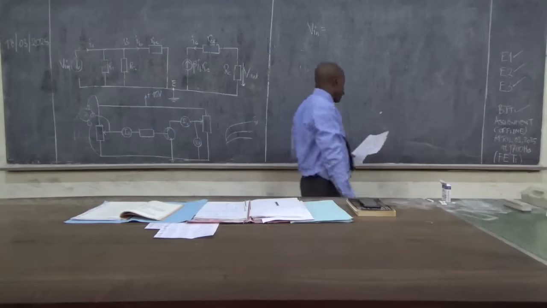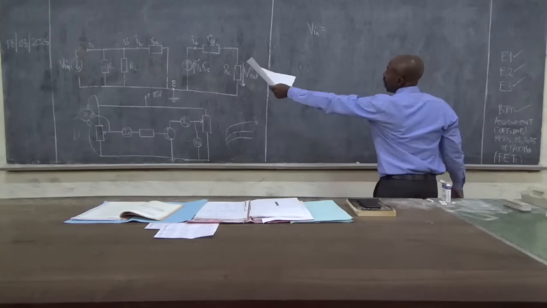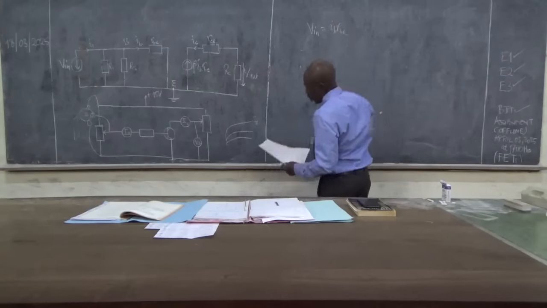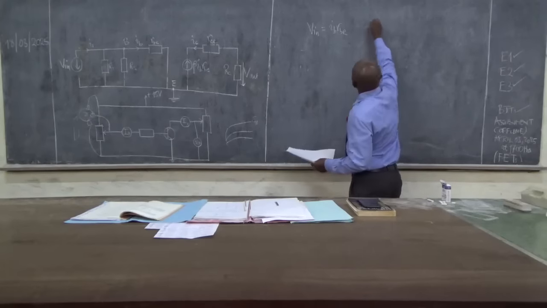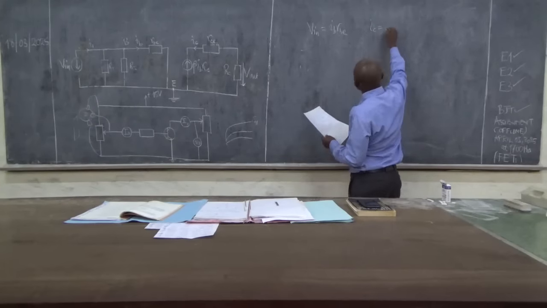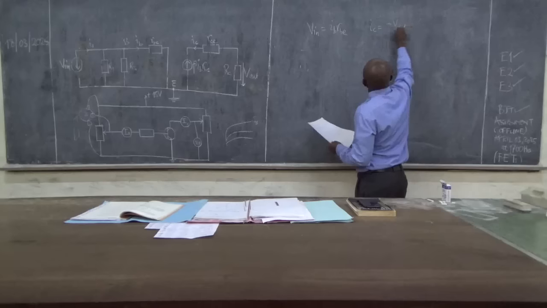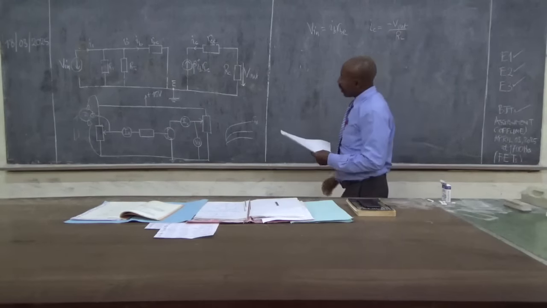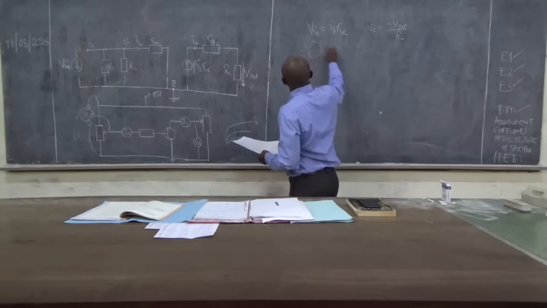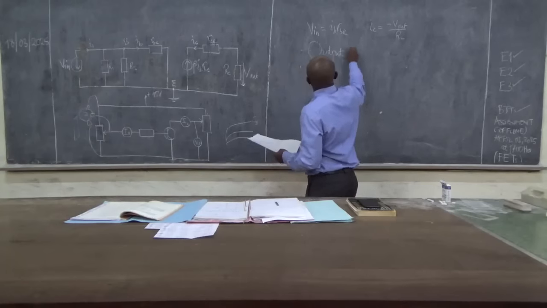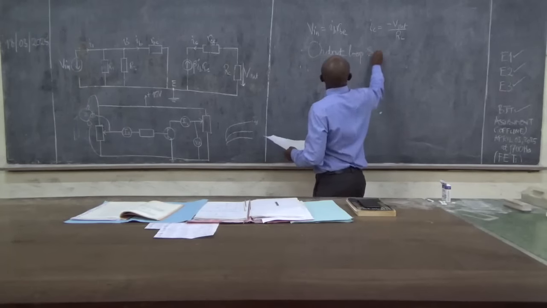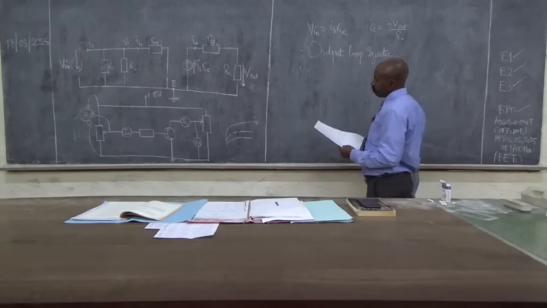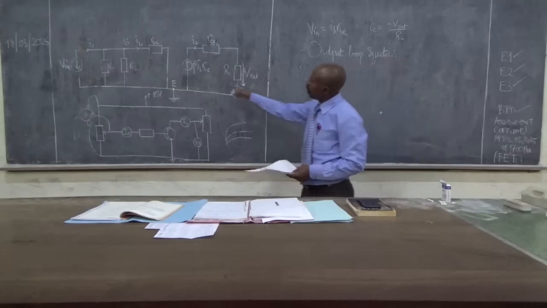So this would be the same as IB RB, and IC would equal minus V out over RC, and the output loop equation would be here.